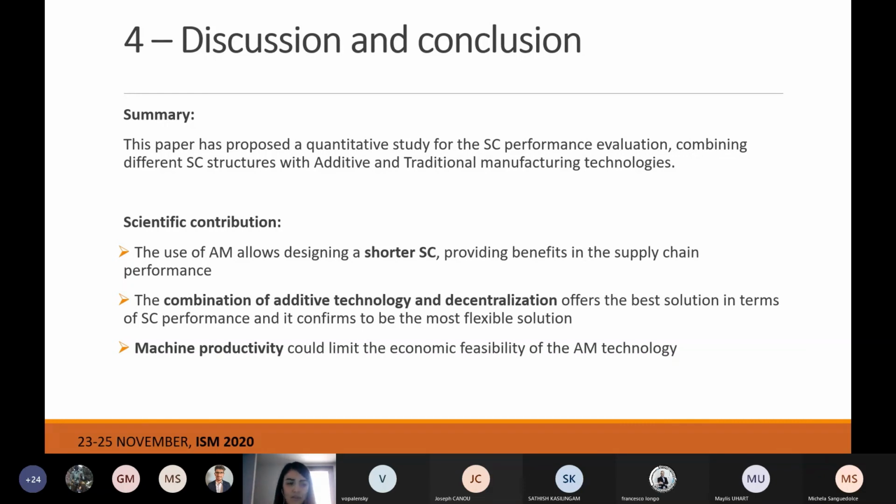We can also confirm that the combination of additive manufacturing and decentralization provides the best solution in terms of supply chain performance and high flexibility. On the other hand, the machine productivity still limits the economic feasibility of this technology.